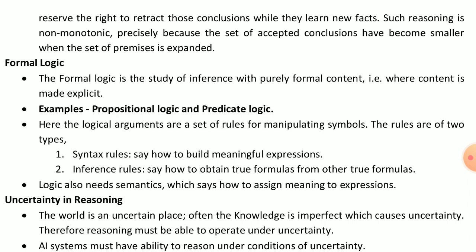We can find a conclusion and derive new facts, or learn new facts. Such reasoning is non-monotonic precisely because the set of accepted conclusions can become smaller when the set of premises is expanded. Now we can learn the new facts.